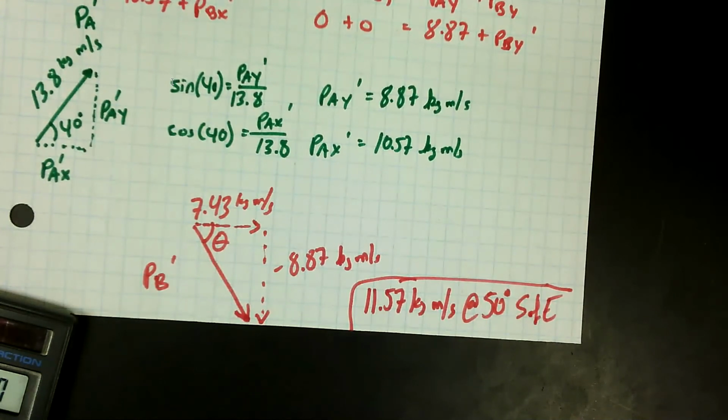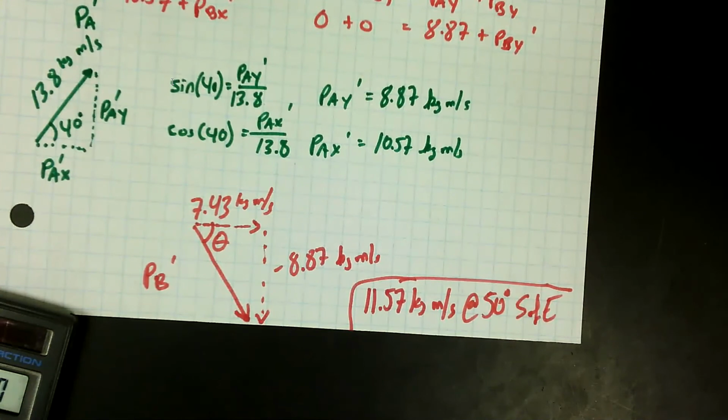The Pythagorean theorem and inverse tan. Okay, what I did to get this was I did a squared plus b squared equals c squared.